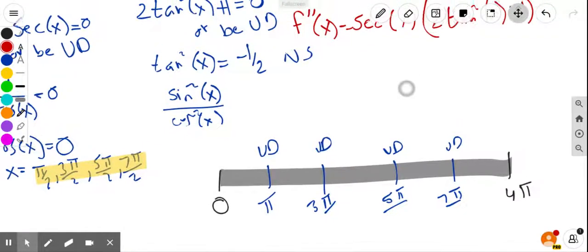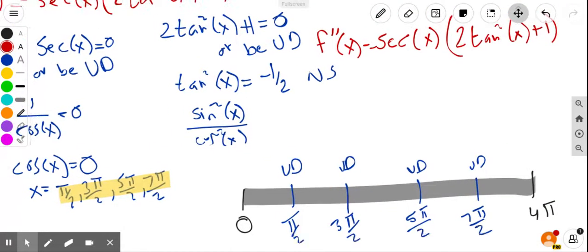So since that's what I have, I'm going to pick numbers to work with. Between 0 and pi over 2, I'm just going to choose 0. So secant of 0 is a positive 1. Tangent of 0 is 0.